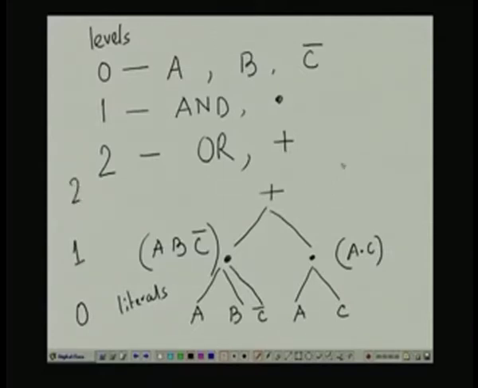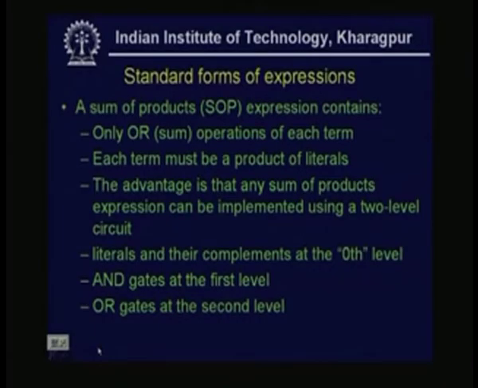The second level becomes A, B, C bar plus A C. So, this is my function f equal to A B C bar plus A C. This is the advantage, that always we can represent in this way, and if we represent in sum of product form, then it can be realized by the 2 level AND OR logic.